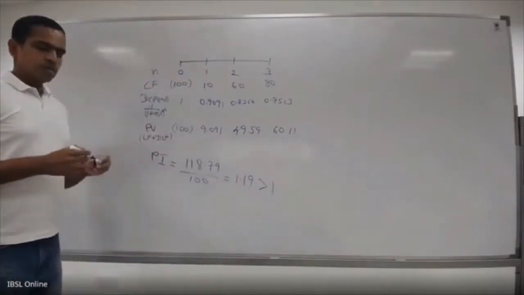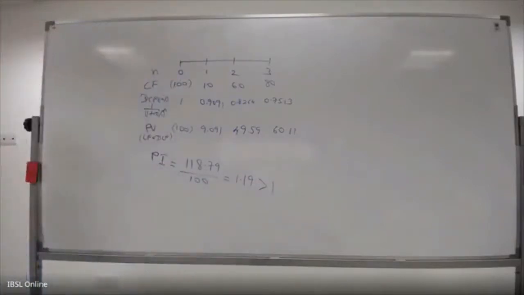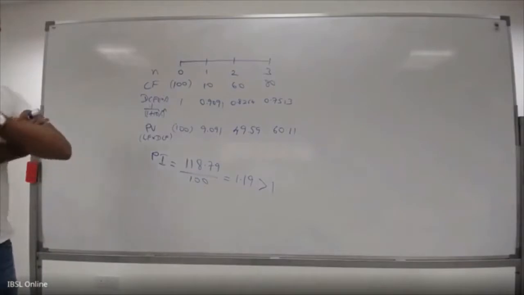You end up with a profitability index of 1.19, which is more than 1. Therefore, you need to invest.